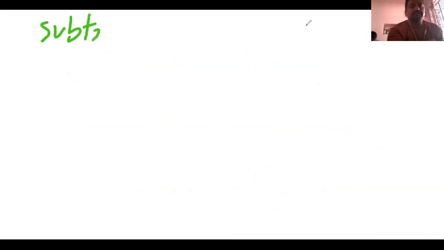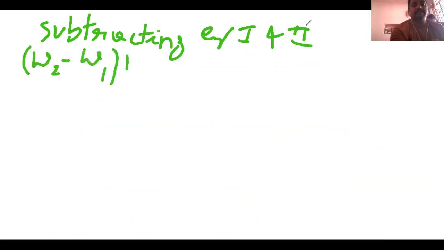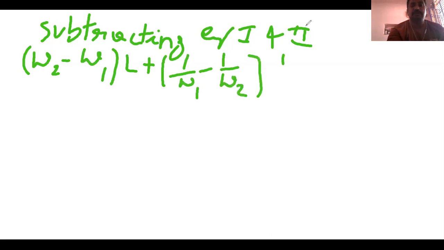What we are getting is, subtracting equation 1 and 2, we will get this value: (ω2 − ω1) L plus (1/ω1 − 1/ω2) × 1/C equal to 2R.